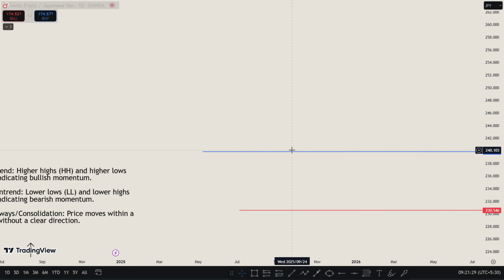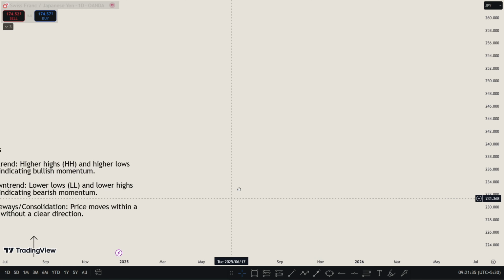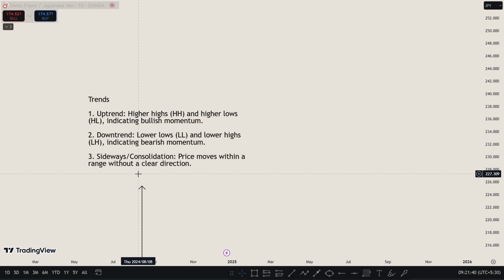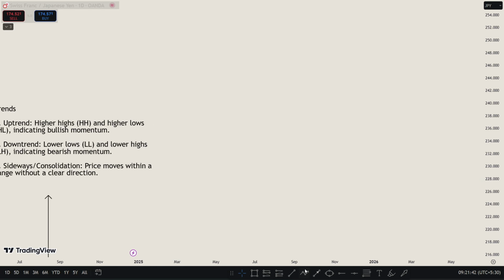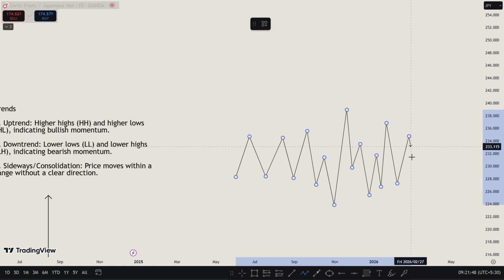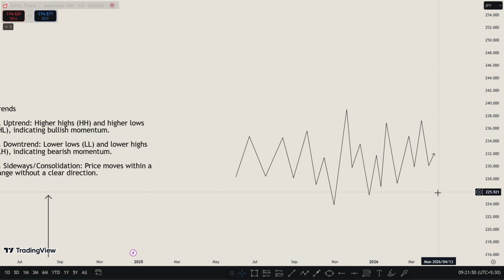Now the third one is sideways consolidation, in which the price moves within a range without a clear indication. So this you can say is consolidation. As you can see, this market will be called a consolidation.